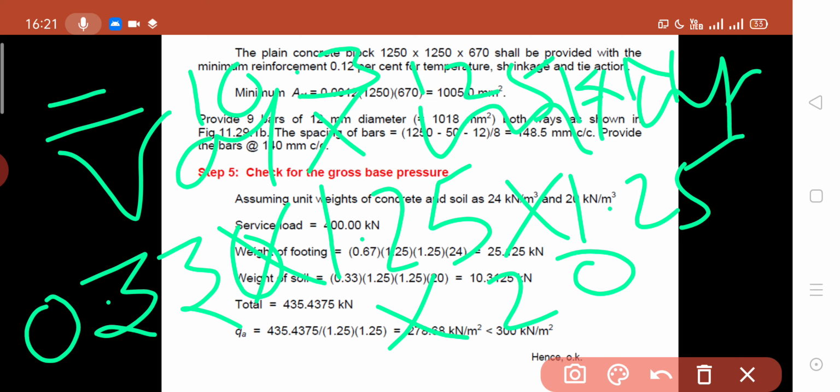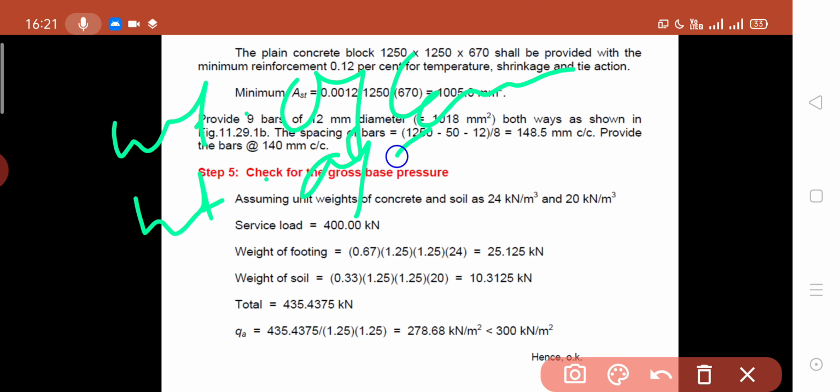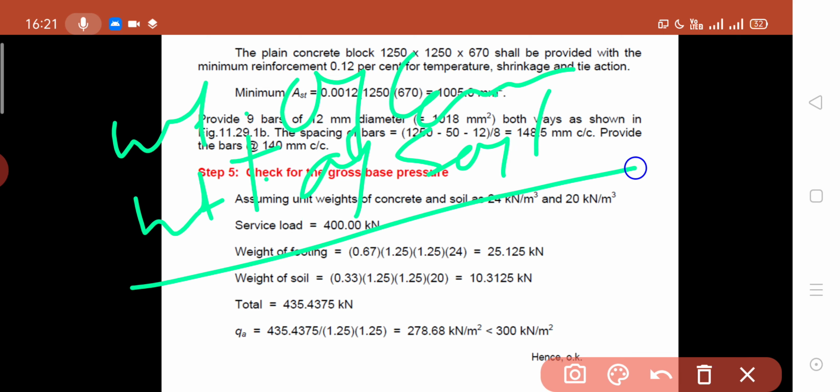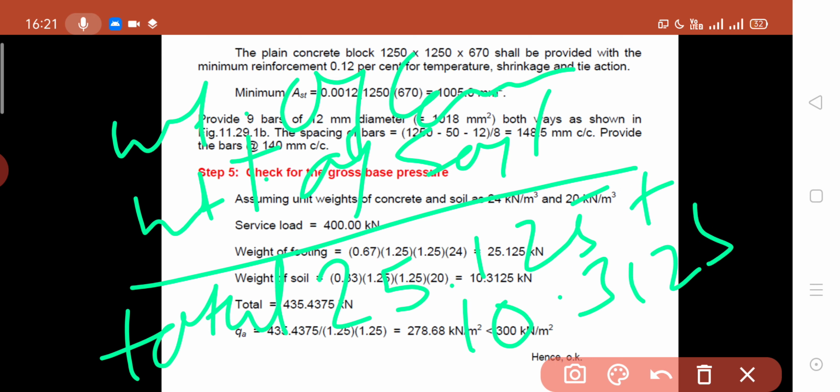So we get the two weights, concrete and soil. The total weight is weight of concrete plus weight of soil, 25.125 plus 10.3125, plus the service load, so the total weight is 435.4375.